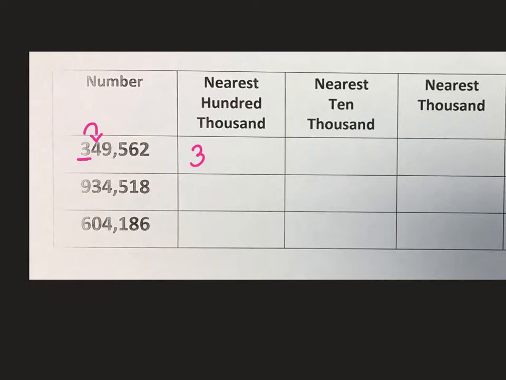Everything after becomes zeros. There's nothing before it, so I don't need to worry about that. The number 349,562 is going to fall between 300,000 and 400,000. This number rounds to 300,000. All right, so we're going to erase this.